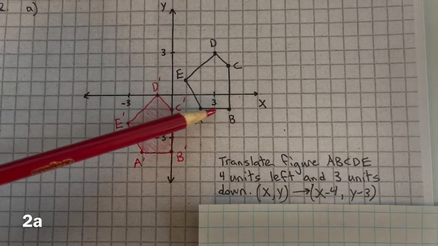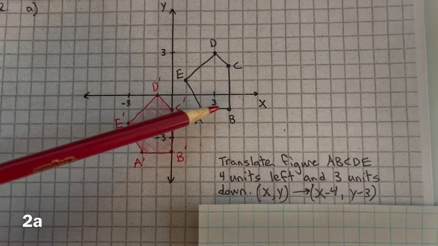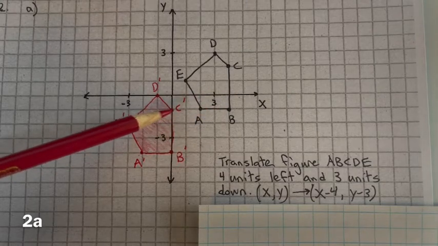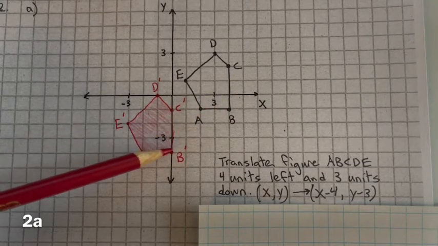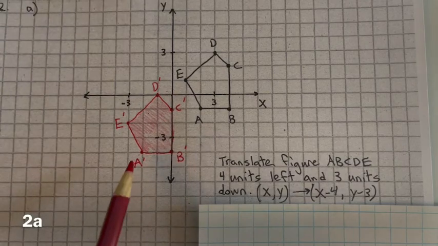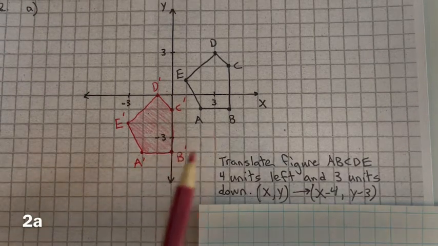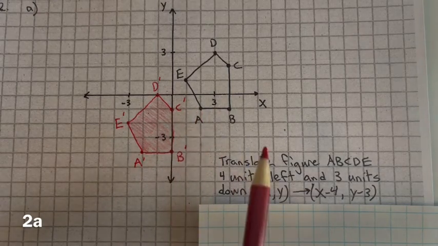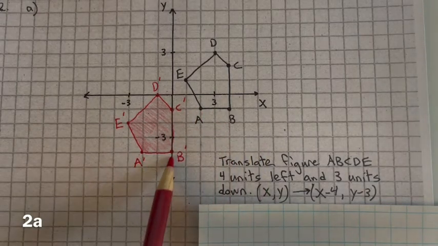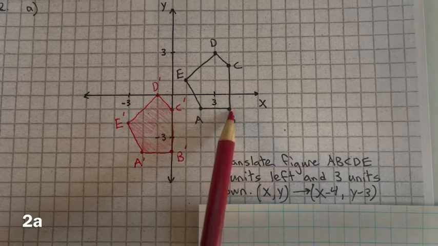B, 4 units to the left, 1, 2, 3, 4, and 3 units down, 1, 2, 3. And double check to make sure the length from A prime to B prime is 2, and from A to B is 2.